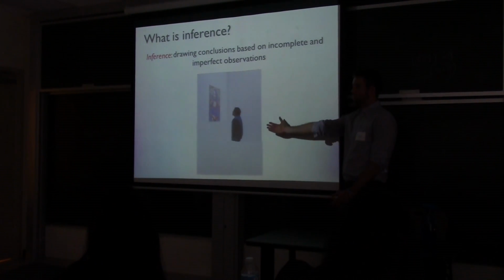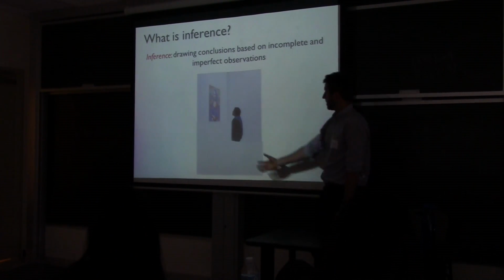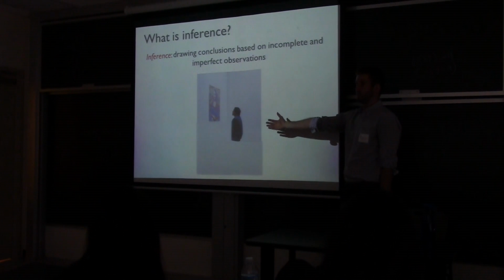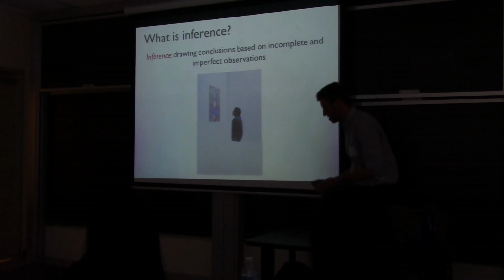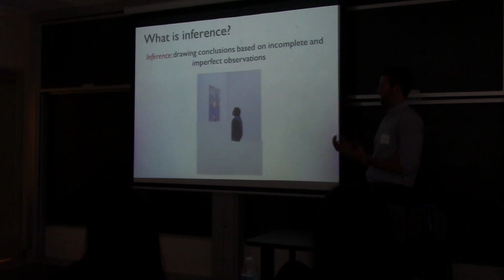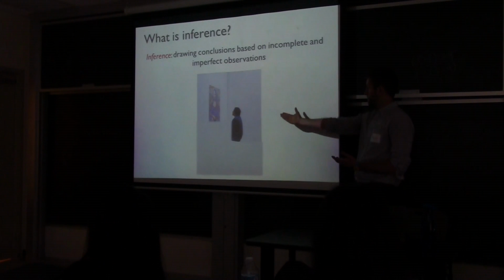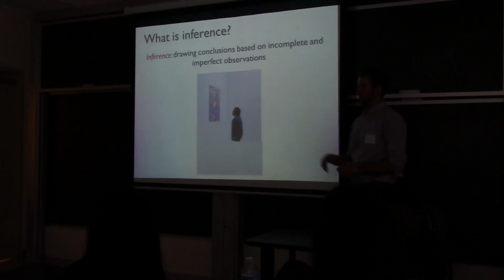This is an incomplete and imperfect observation because there's something obstructing our view, and so we can't tell what the actual state of the man is. Is he standing, or is he crouched and bent over? Most of the time when something's blocking our view, we're used to that being because someone's actually standing up. So you infer that this person must be standing.